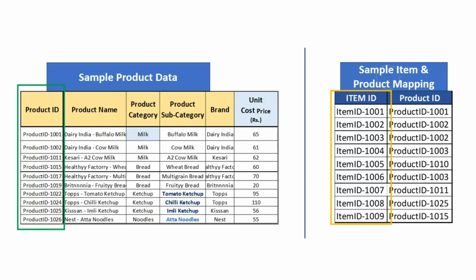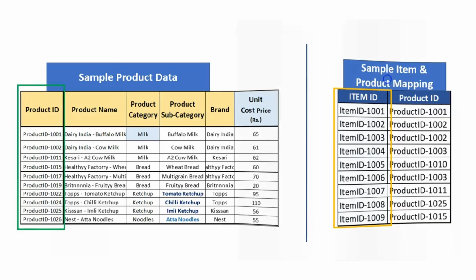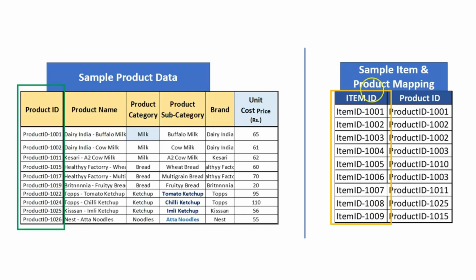So one product can have multiple items, but one item should only be mapped to one product. Let us take an example here. We can see that item ID 1001 is mapped to product ID 1001. Item ID 1002 and item ID 1003 both are mapped to the product ID 1002. An item cannot be mapped to multiple products.